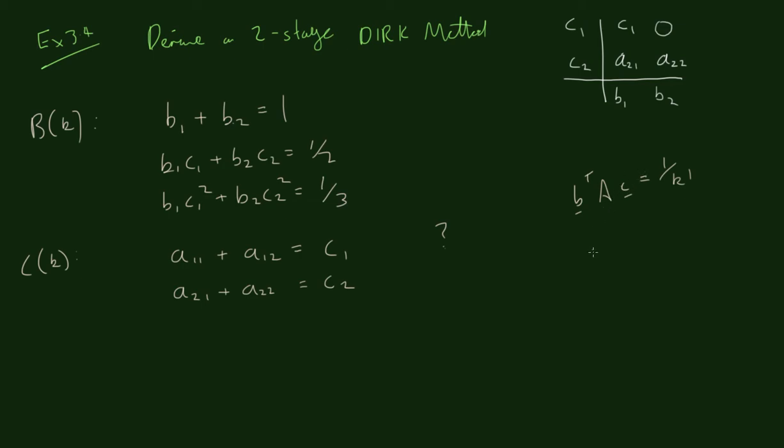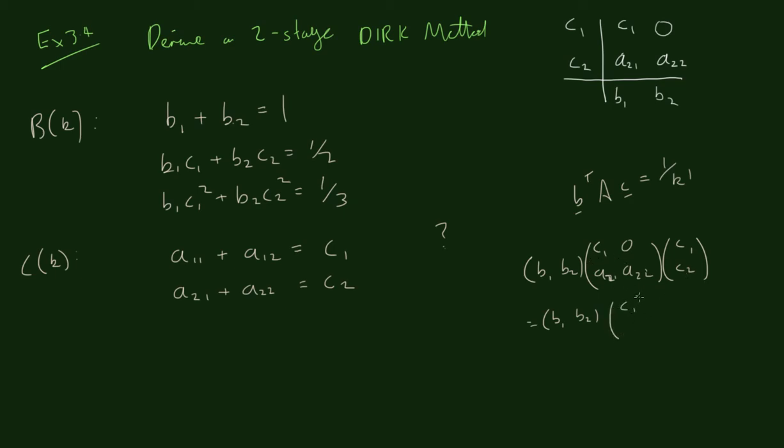So this will give us, if we have B1, B2, and our A matrix, A11, A12, A21, A22, times our C vector, C1, C2. If I just see what this is, we've got 2 by 2 times 2 by 1, so that'll give us 2 by 1.